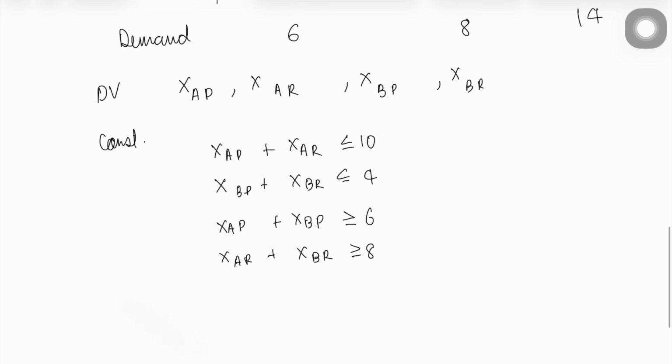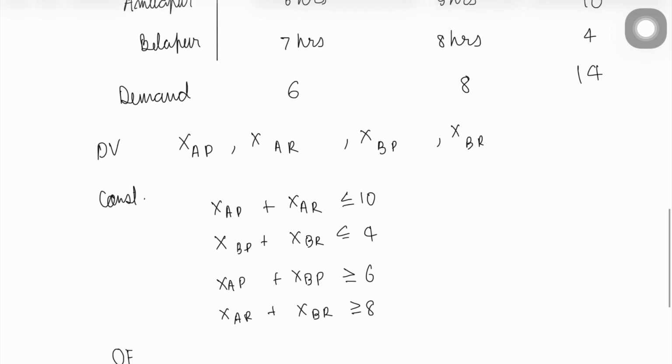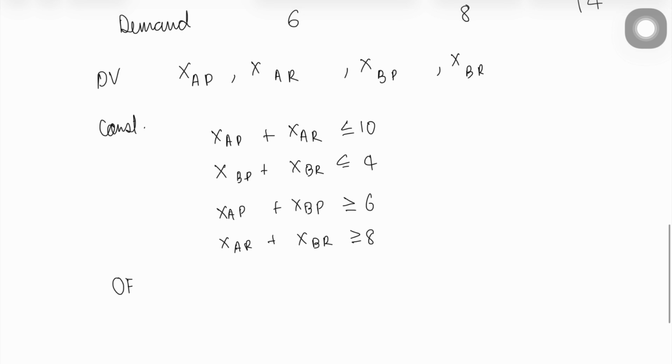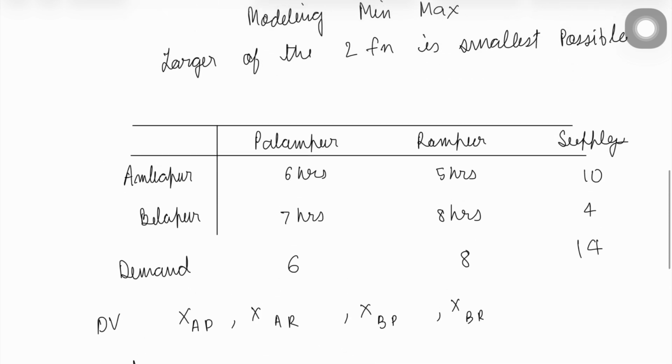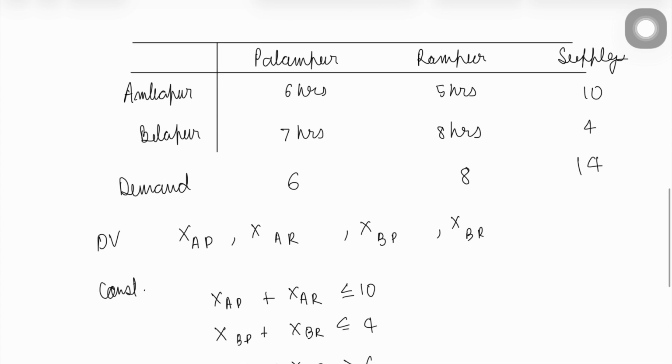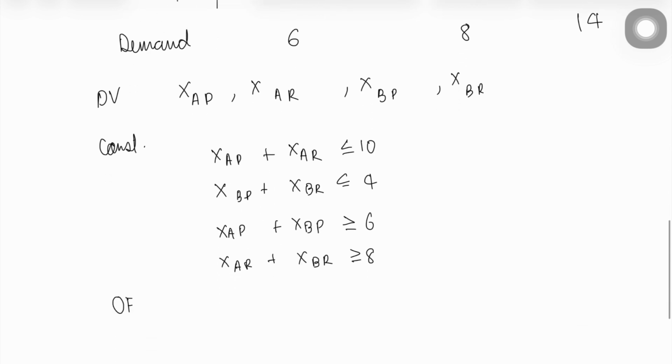Now talking about the objective function. The min-max concept is, let's say we are concerned with the destination only, and the demands of both are being fulfilled in parallel. So let's say Palampur and Rampur. Palampur receives all its demand in 20 hours, and Rampur receives it in 18 hours. These are happening in parallel.